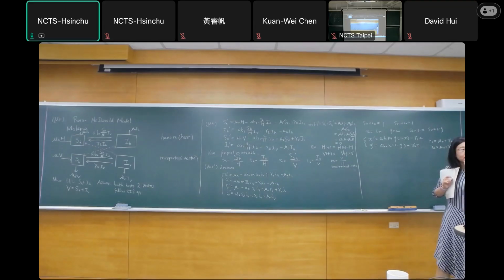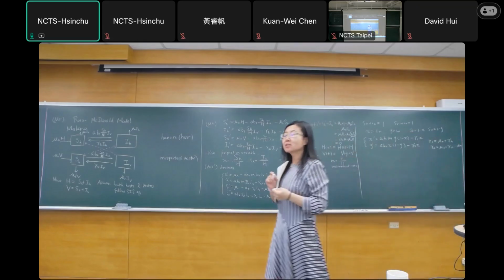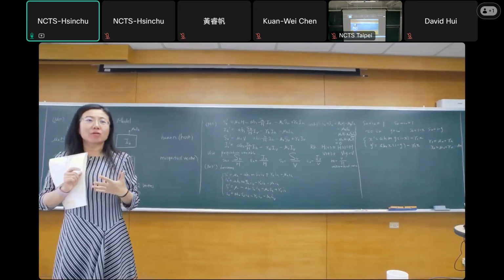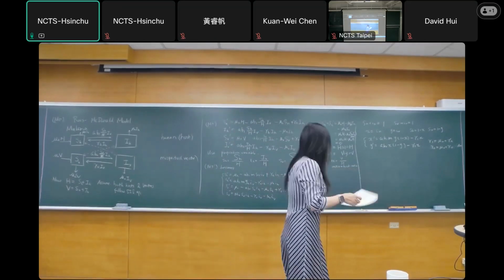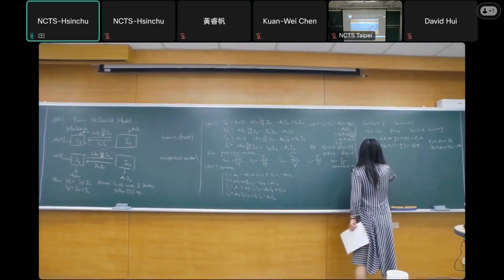So far, so good. We already talked about this last class. This is a 2-dimensional model. There are a whole lot you can try, right? 2D model.